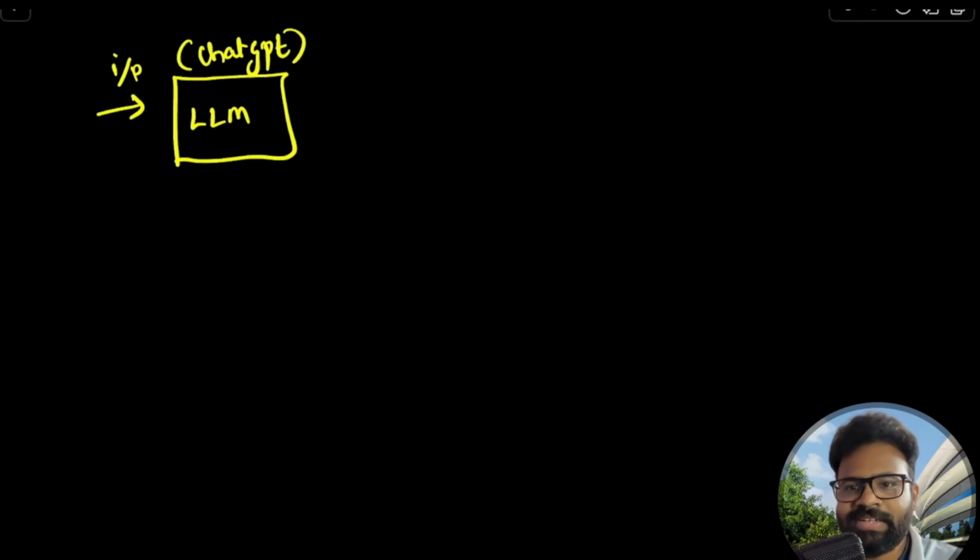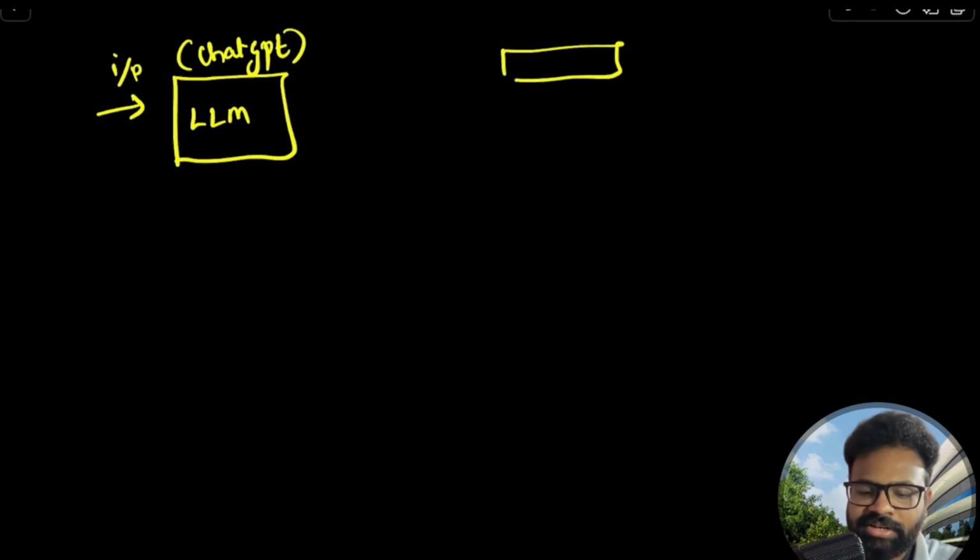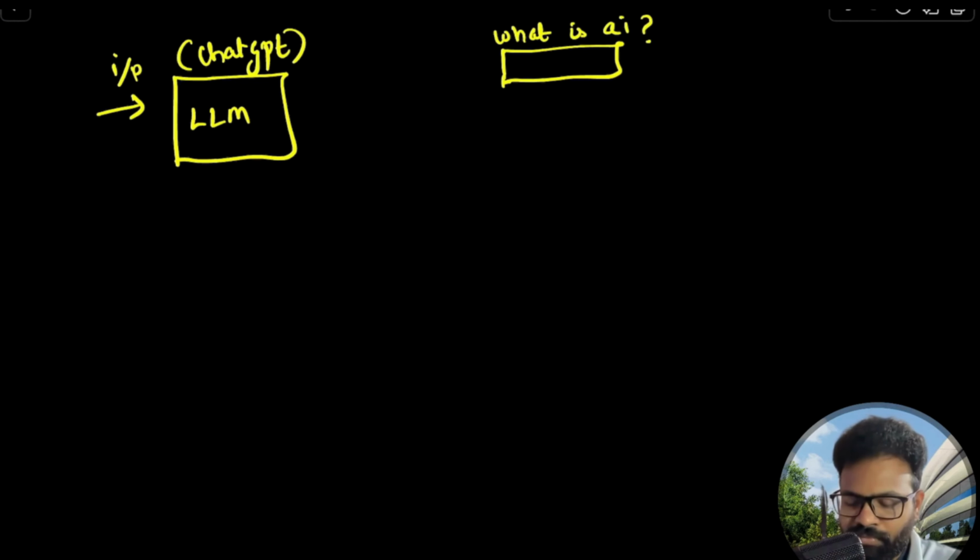In what format does the LLM understand? It understands only a prompt form. So how do you get that prompt? In ChatGPT you have given "what is AI?", and these words will be converted into individual tokens.